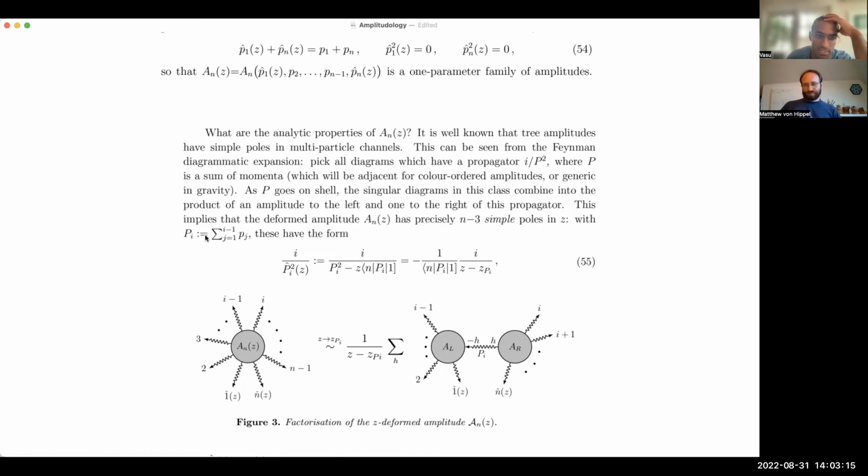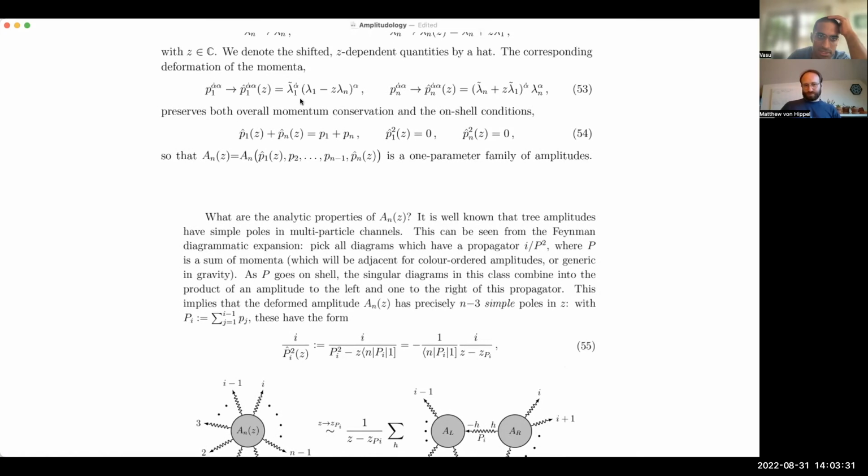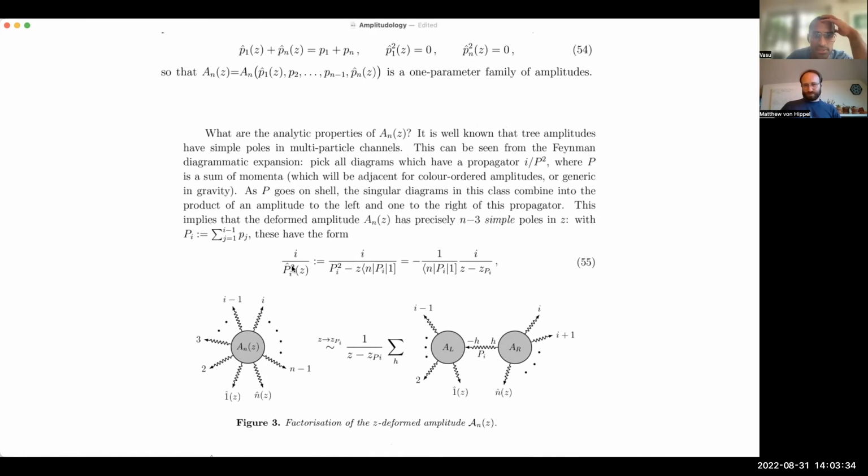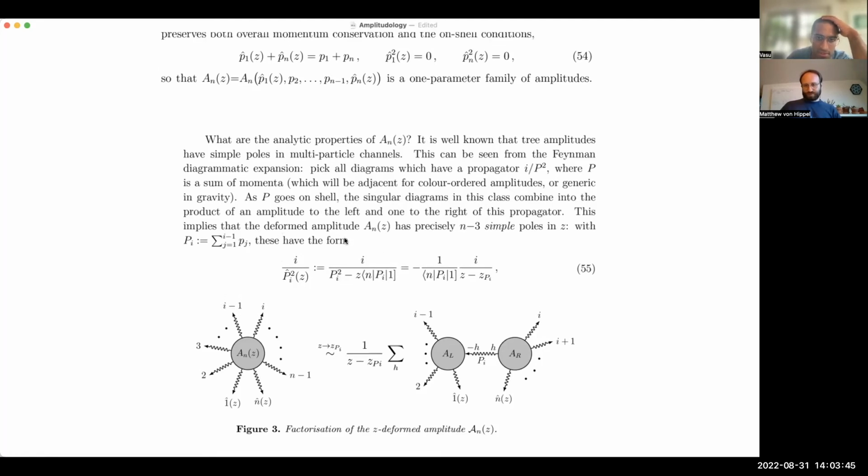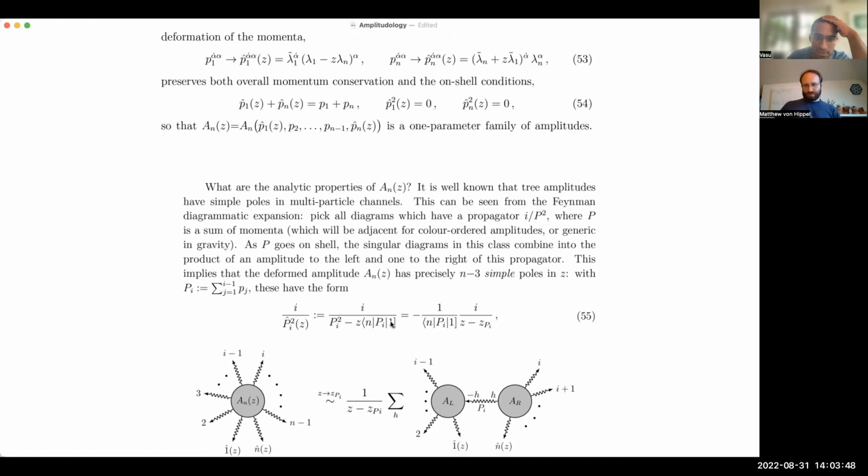With big P_I being the sum from J=1 to I-1 of p_J, what we have is that the shifted P², shifted in terms of this deformation by z, is P_I² over regular P_I² minus z times P_I, where we're using the 1 and n from the solutions to the Weyl equation that we saw before.